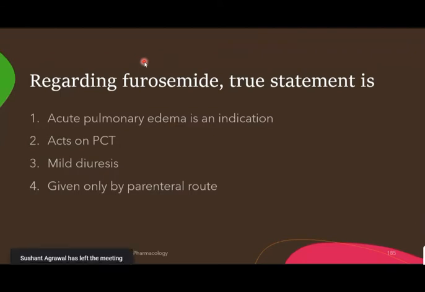Deepika Subedi, yes, sir. Answer please. Option number one. Okay, acute pulmonary edema. Furosemide happens to be a drug of choice in case of pulmonary edema.